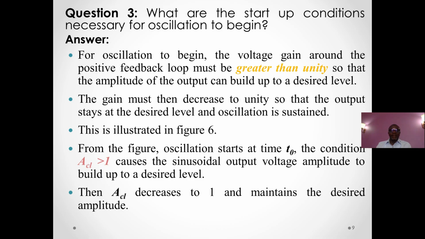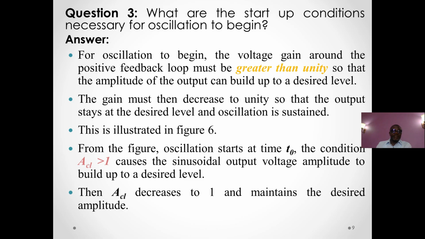and this is now sustained, as we can see illustrated in Fig. 6. From the figure, oscillation starts at time equals T0. The condition at that time is that the closed loop gain is greater than 1, which we said in the first sentence. And this being greater than 1 causes the sinusoidal output voltage amplitude to build up to a desired level.